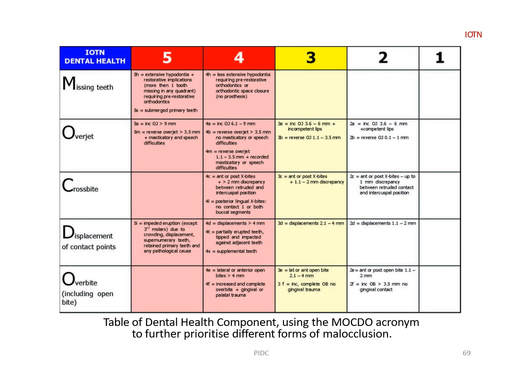So this is a table of the DHC, the dental health component, using missing teeth, overjet, crossbite, displacement of contact points and overbite, the MOCDO acronym, to prioritize different forms of malocclusion. You can go through this chart for easier understanding.